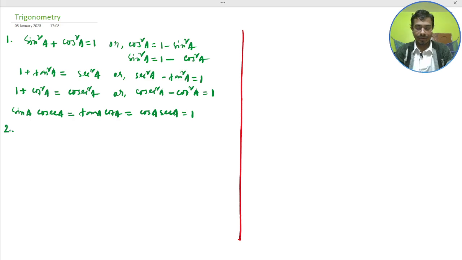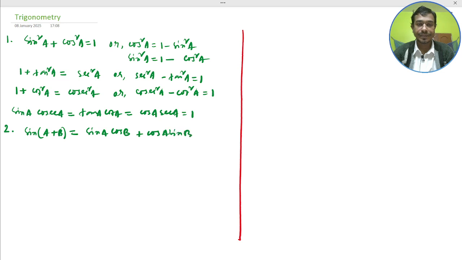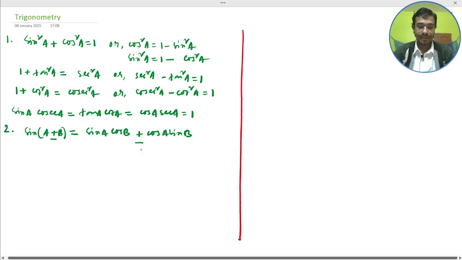Next, the important formulas. The sine of a plus b is equal to sin a cos b plus cos a sin b, and sin a minus b becomes sin a cos b minus cos a sin b.